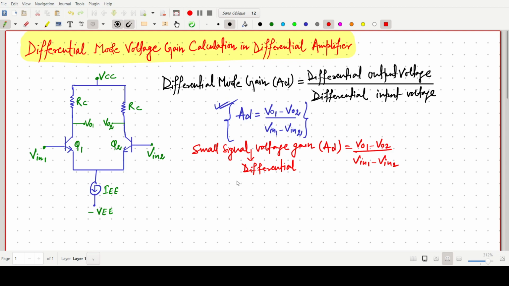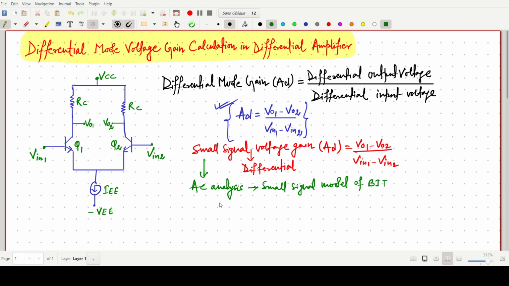For the small signal, we only think about the AC analysis. For the AC analysis, we have to go for the small signal equivalent model, of MOSFET or BJT.